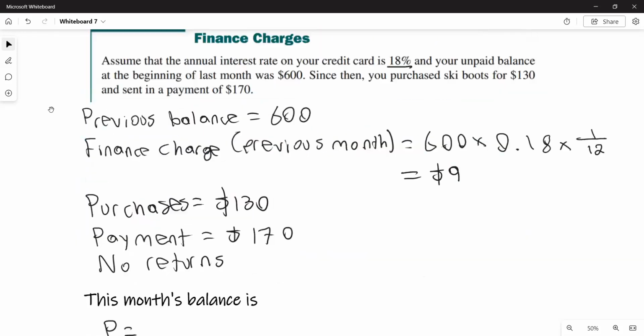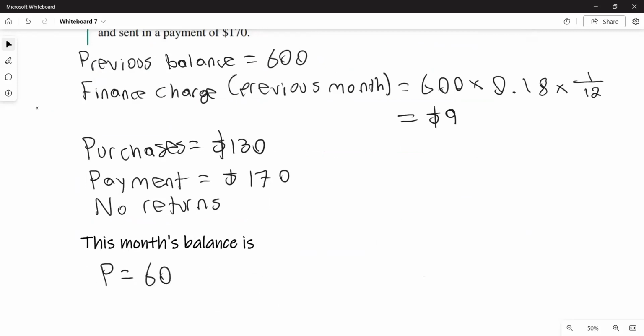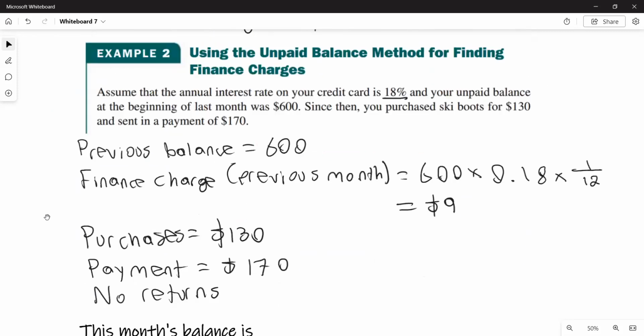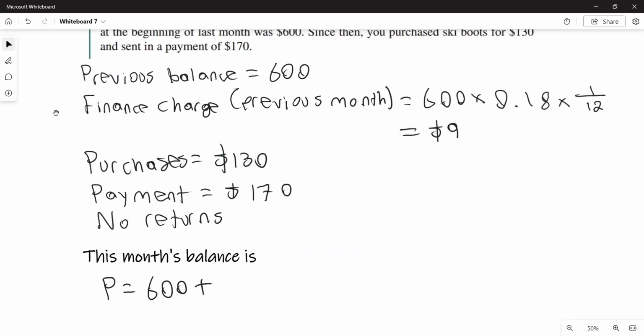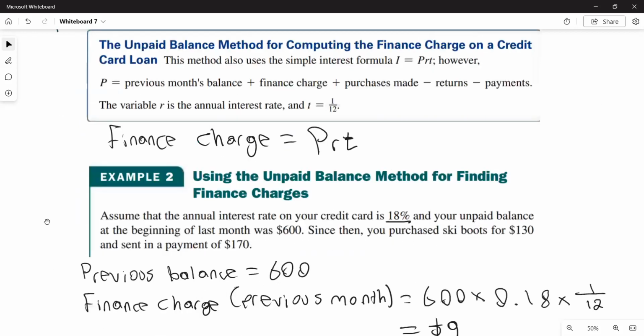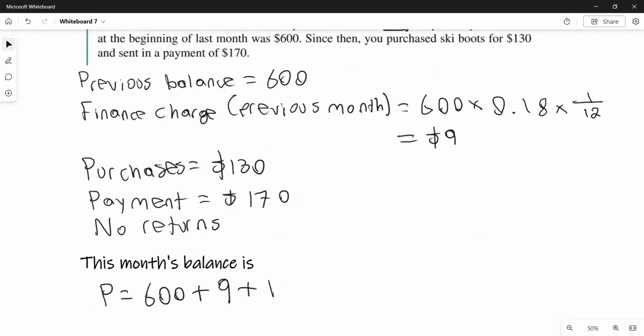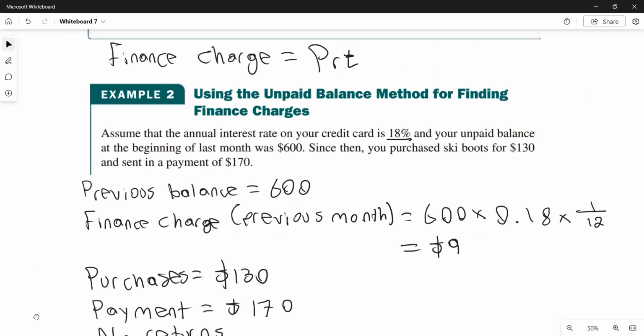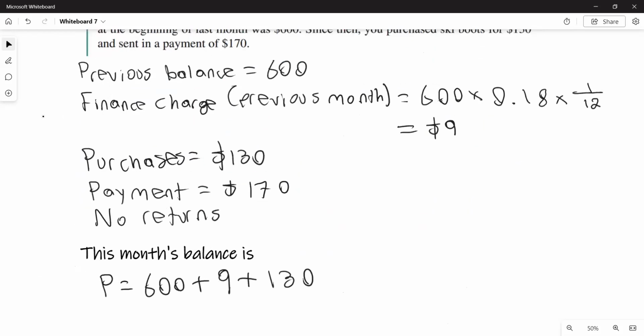That was the previous month's balance plus the finance charge from last month plus the purchases made minus returns minus payments. There were no returns, and a $170 payment. So 600 plus 9 is 609, minus 130 is 479, minus 170, that's going to be $569.